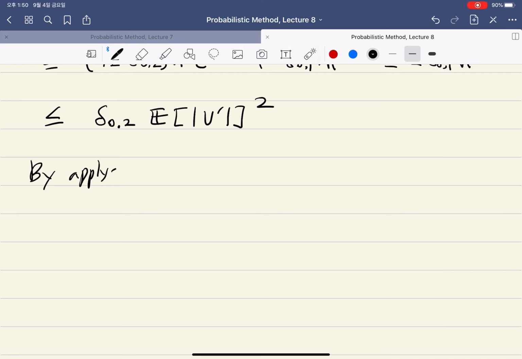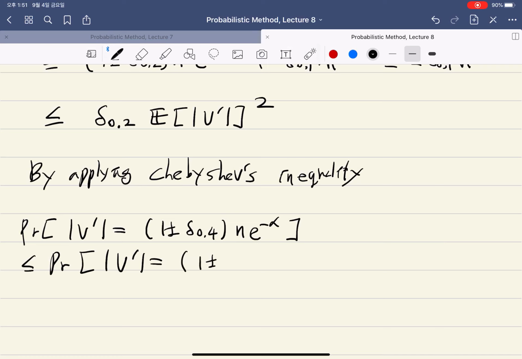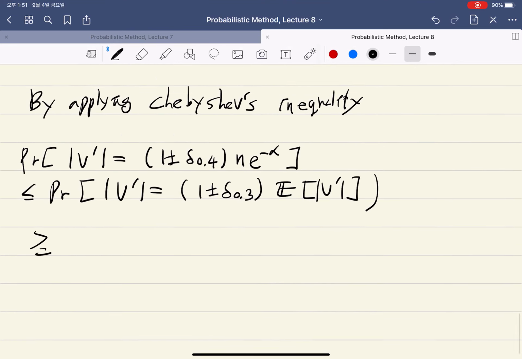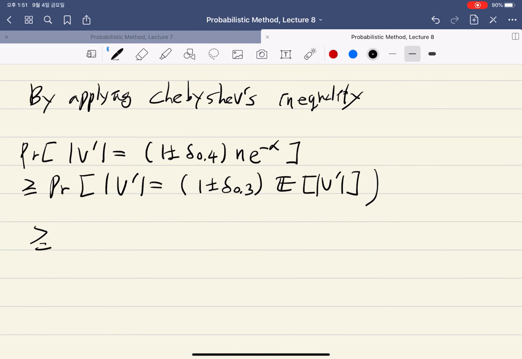By applying Chebyshev, we can show that the probability that B prime is not too far from its expectation is at least 0.99.